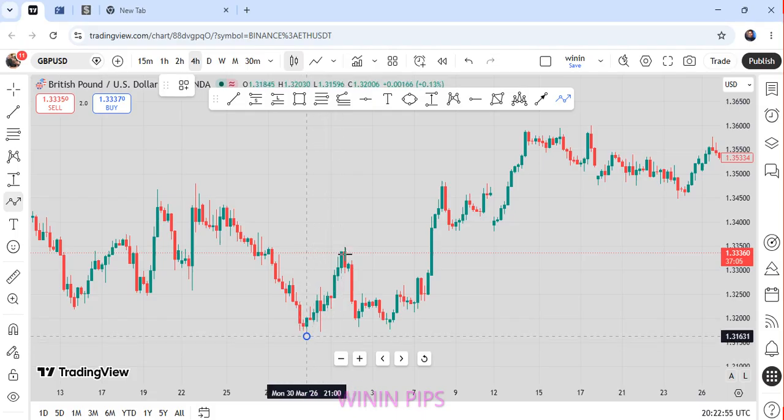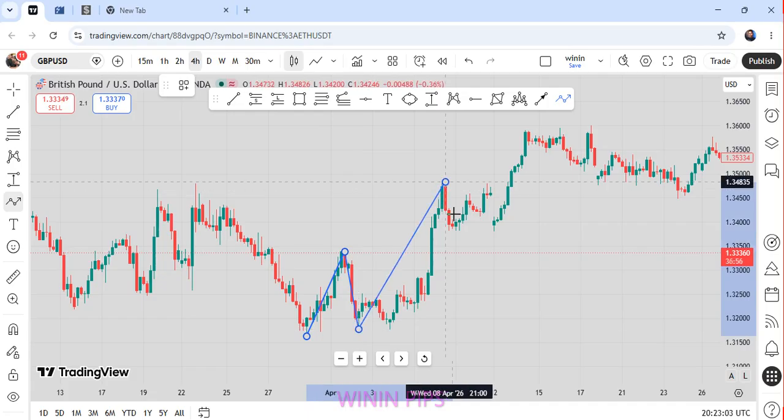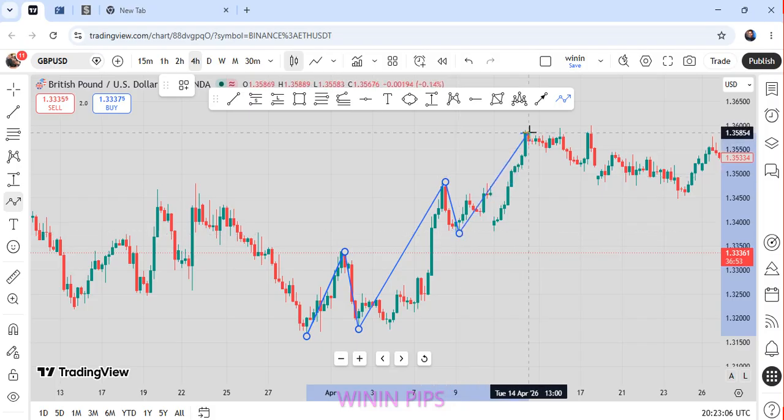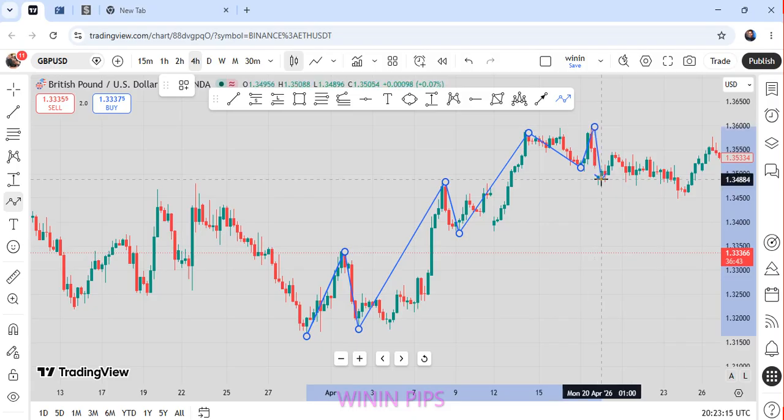It moves upwards, comes down, it moves, comes down, it moves, comes down. This time around, it breaks this particular point, then it goes up, and now it's going down. So you see how the market moves.